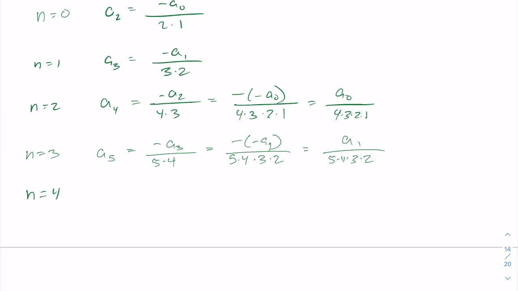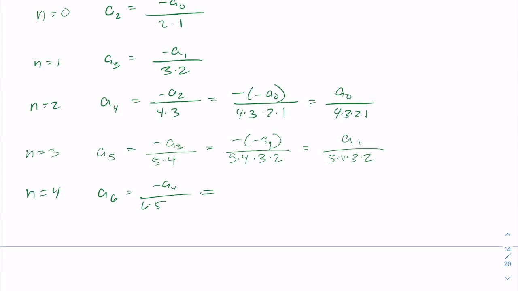n equals 4, I have a6 equals minus a4 over 6, 5. And then to that, I'm going to write minus, so what's a4? a4 is this thing, that thing will go there. a naught over 6, 5, 4, 3, 2, 1.